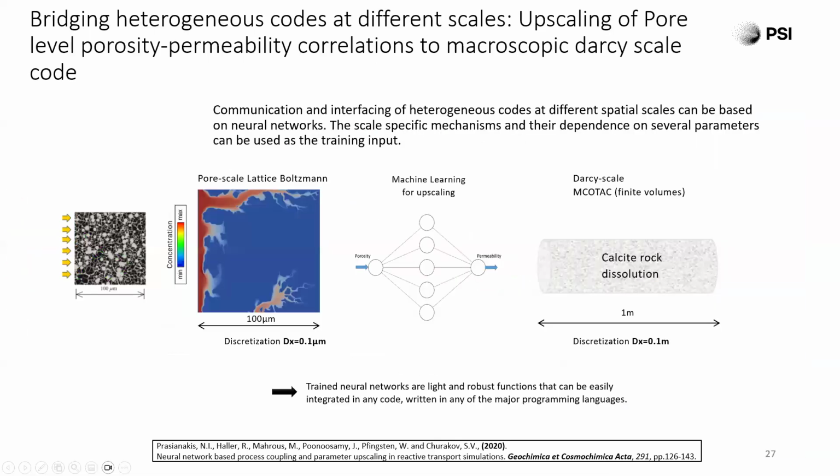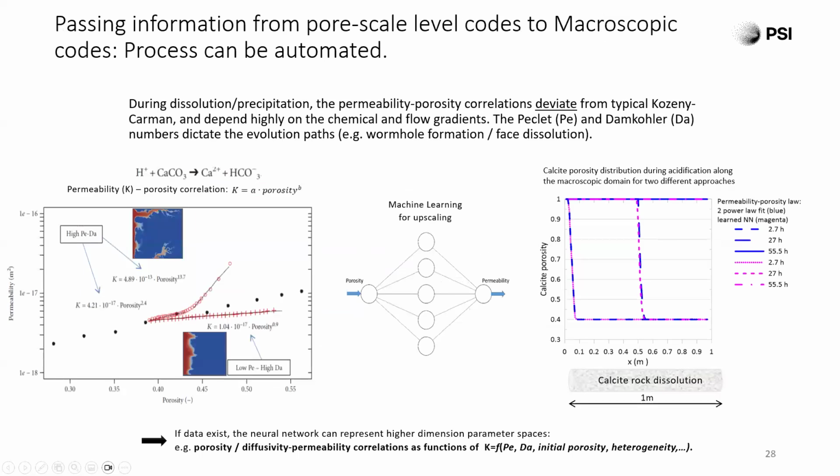Now, wanting to upscale these results, we resorted to the following concept: we have to encode all the physics that happen in this elementary pore scale geometry, and then we can pass the information. What you saw as curves, we can pass to a macroscopic solver. The lattice-Boltzmann discretization was 0.1 micrometers, while the macroscopic code had a discretization of 0.1 meters. Then we connected these codes.